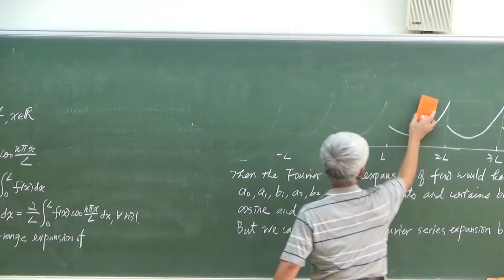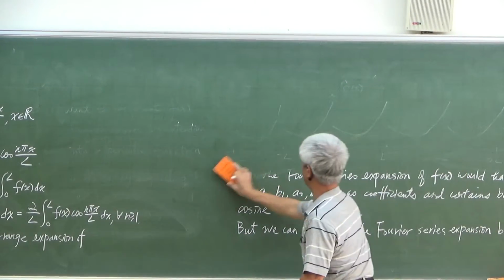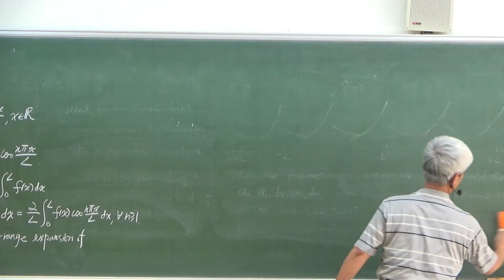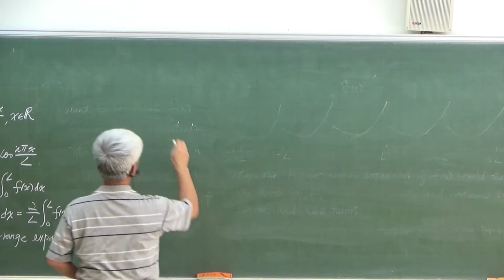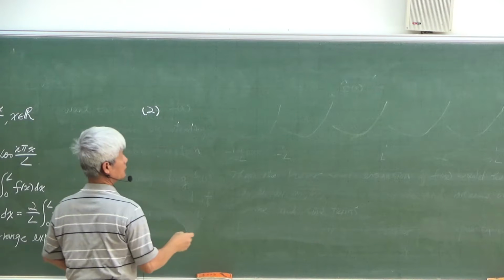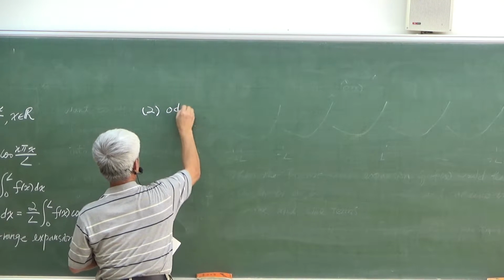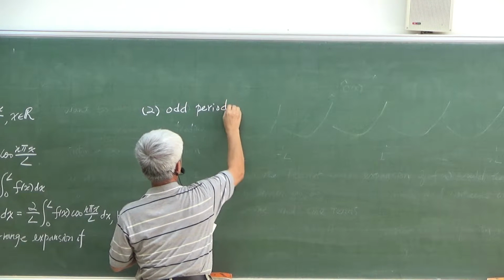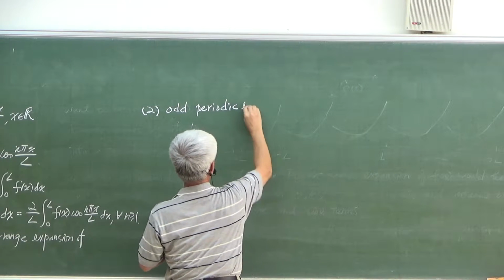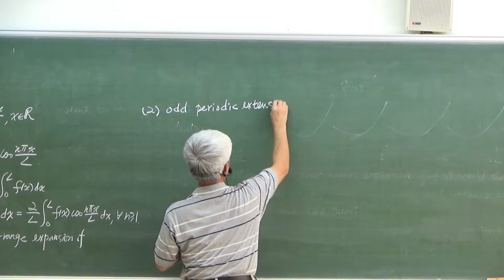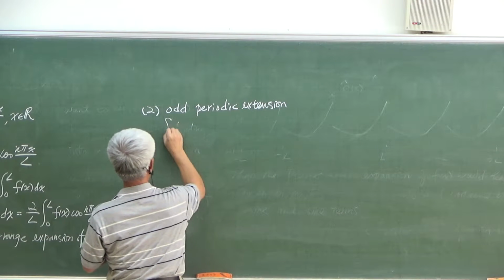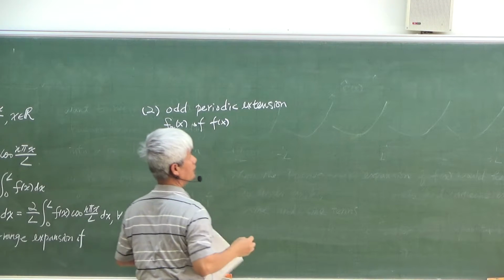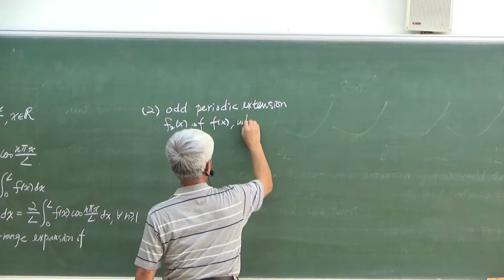Now, we have a second simplified representation. So we will consider the second alternative: the odd periodic extension f2(x) of f of x.